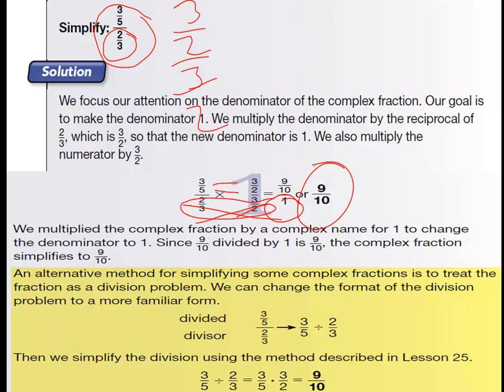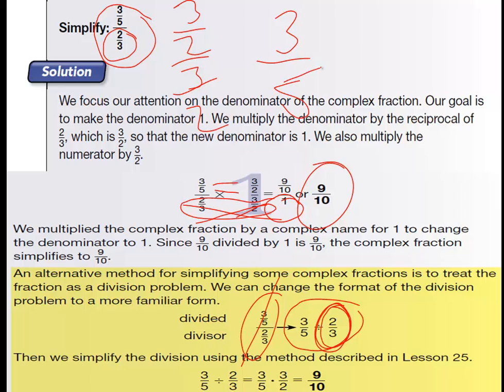The other way, if you can keep it straight, and the way which I prefer to do it, is to set it up as a division problem and unstack them, and write 3/5 divided by 2/3. And know that you always want to use the reciprocal of the second number. So then we take 3/5 and we just times it by 3 over 2, which is the reciprocal of the second number, and get the same 9/10.